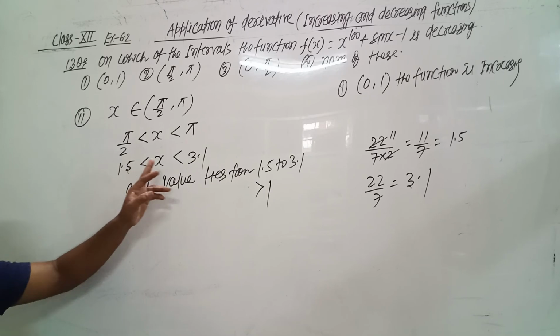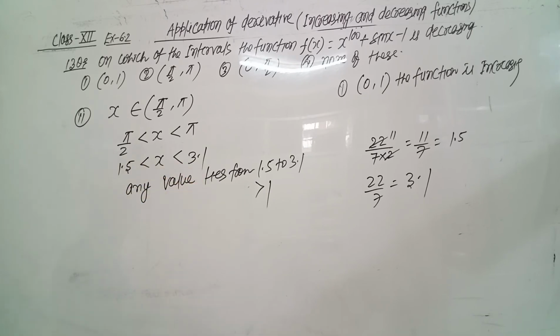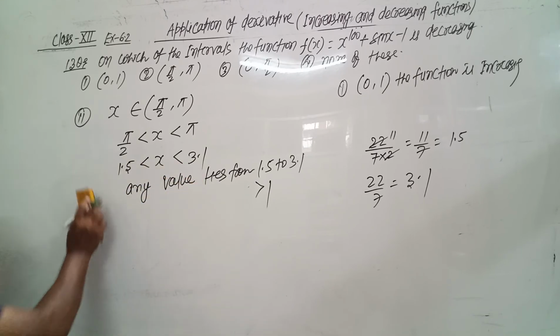So the value from 1.5 to 3.1 must be greater than 1.